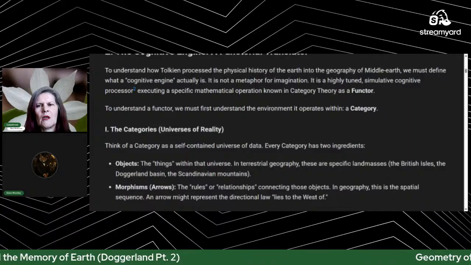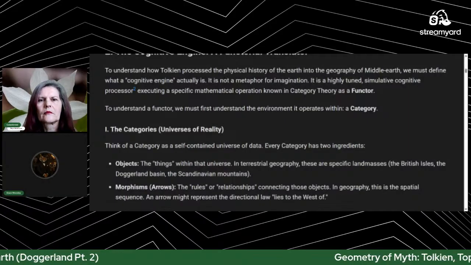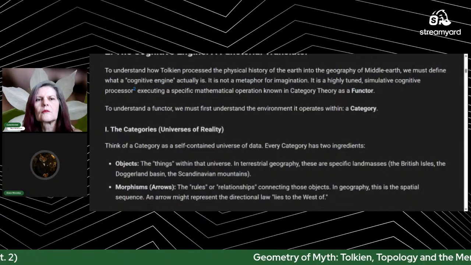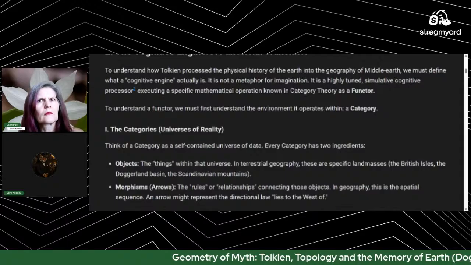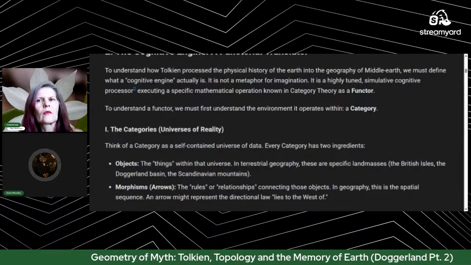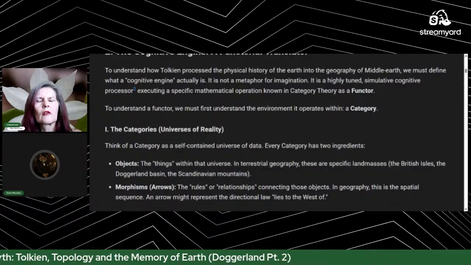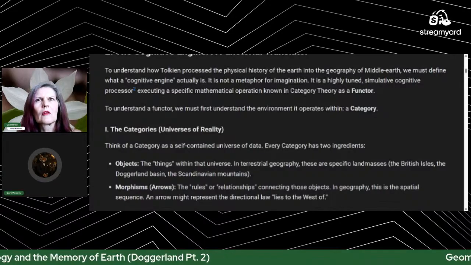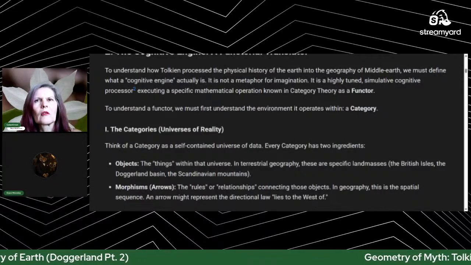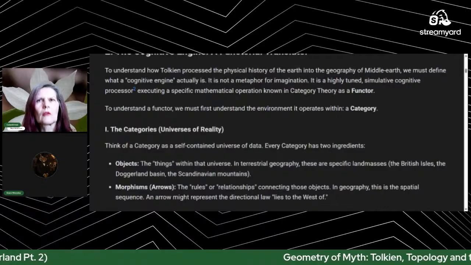Go up another level and you come into topology, which is basically, how can I explain it in a simple way? It's basically the mathematical science of changes in form and boundary.